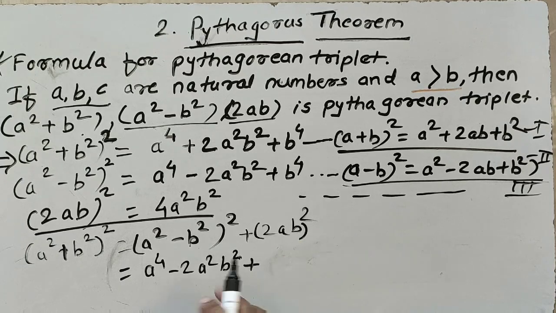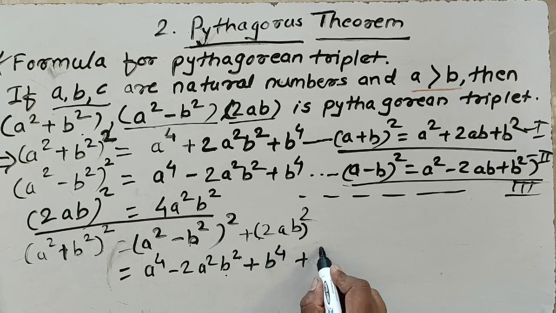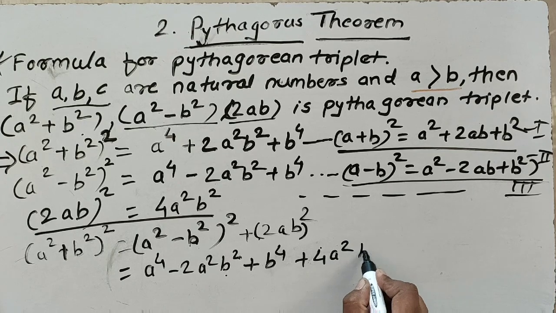Okay wait, a raised to 4 minus 2 a square b square plus b raised to 4, and then here plus 4 a square b square.